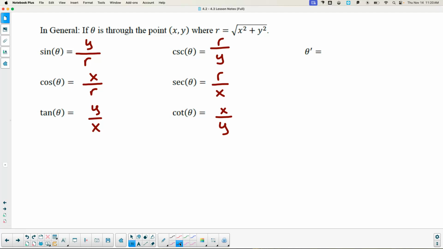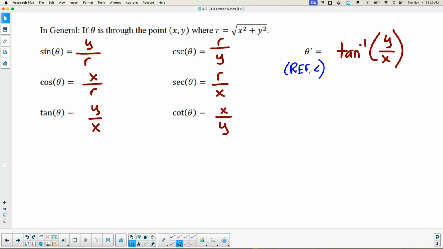The kicker here is that theta prime, your reference angle, is going to be the inverse tangent of y over x.